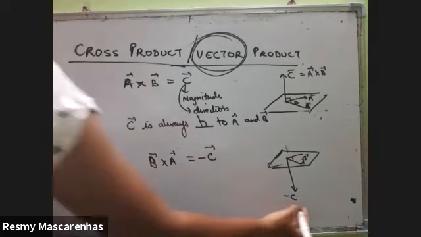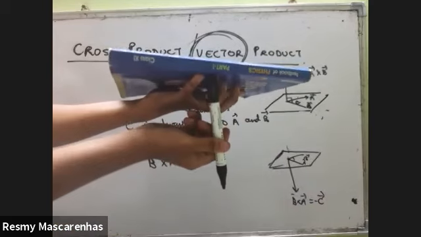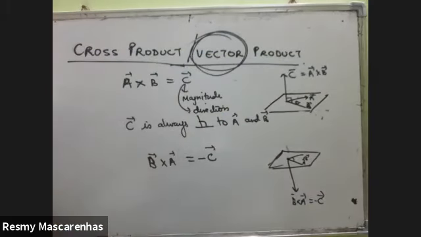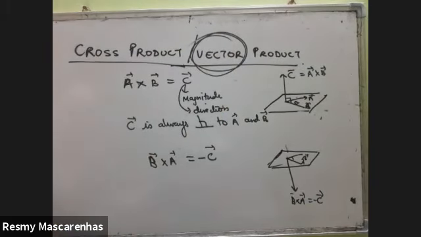So if this is the page, A bar cross B bar will be like this, and B bar cross A bar will be on the opposite side. So over here, A bar cross B bar is not the same as B bar cross A bar.